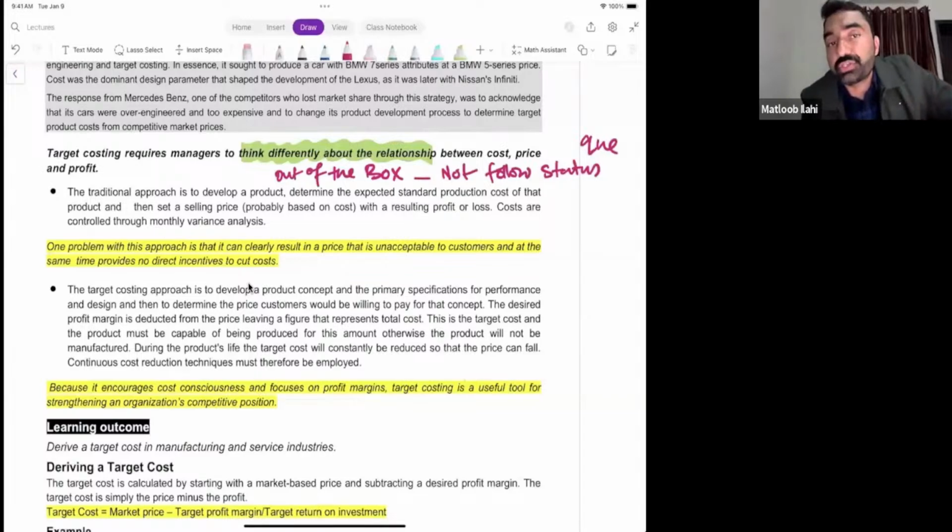The traditional approach is to develop a product, determine the expected standard production cost, and then the selling price, add margin, and so on.